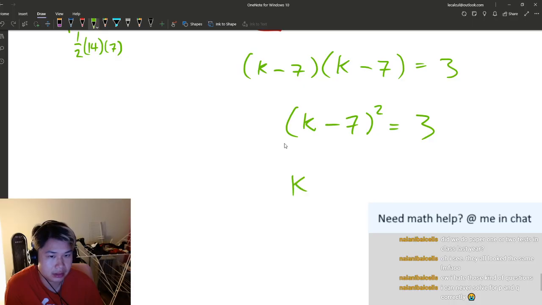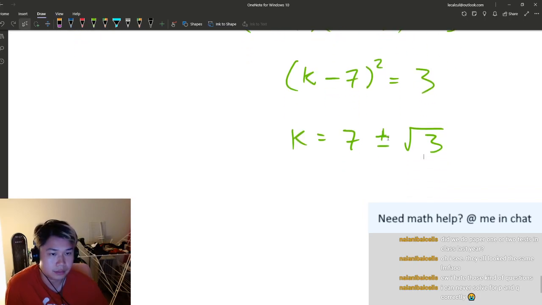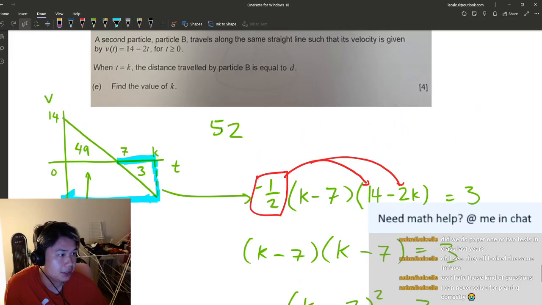So k is going to be 7 plus or minus the square root of 3. Okay, and then which one should we choose?